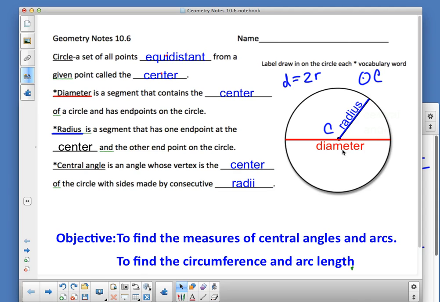So as we're going through radius of a circle, we also have something called the central angle. We've talked about central angle before. When we're talking about that in a polygon, the central angle of a polygon goes from the center of the polygon to two consecutive vertices of the sides of the polygon.